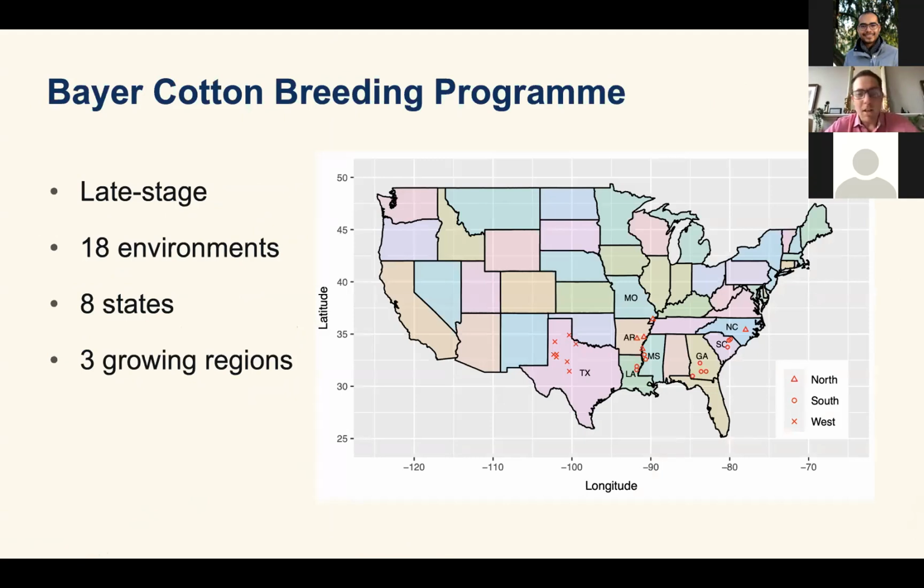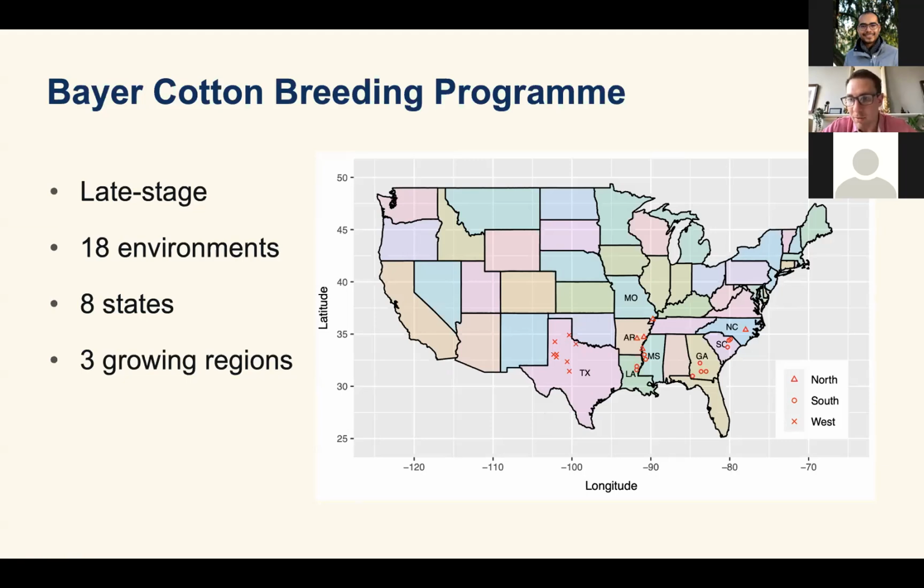I'm going to start with a bit of a motivating example. This is where I've gotten to with the Bayer cotton breeding program from the US. On the right-hand side we have this lovely picture of the US states. What we have here is a late stage program, like I was saying earlier.